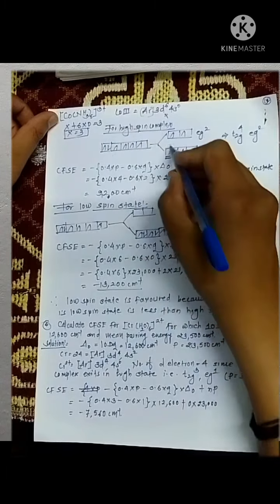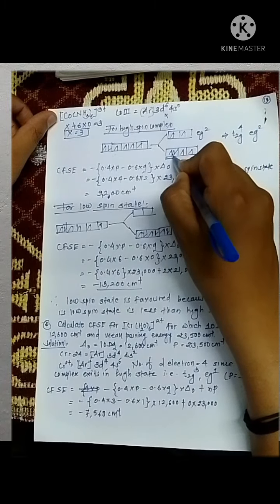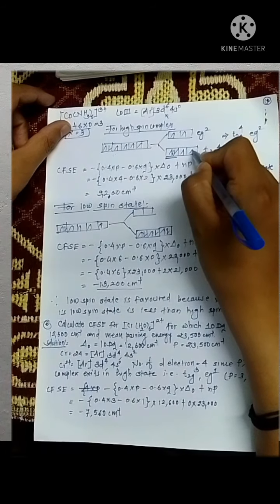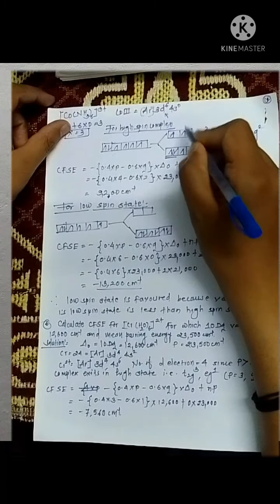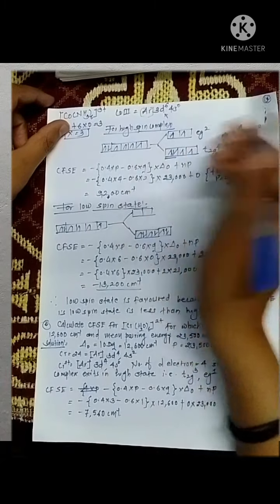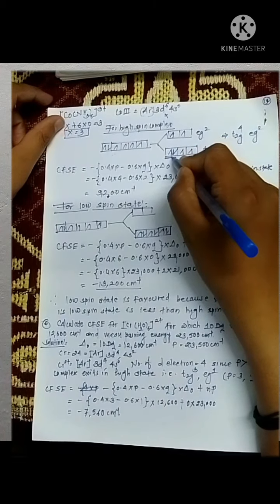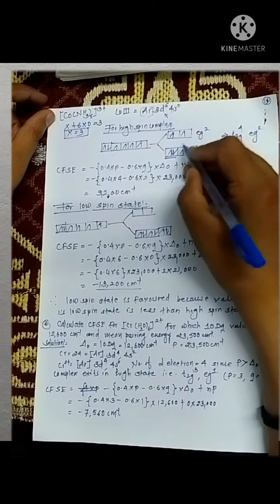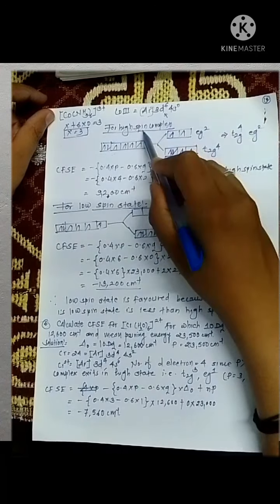So first we have to fill electrons in this way. First electron comes here, second goes here, third goes here, then fourth goes here, fifth goes here, because it is the high spin state, and lastly the 6th electron comes in this t2g set. Don't go for direct pairing on this, because it is the high spin complex.